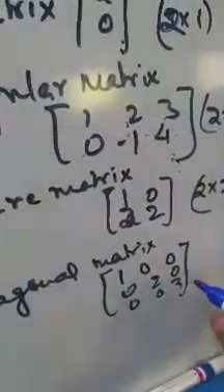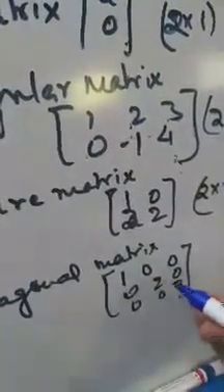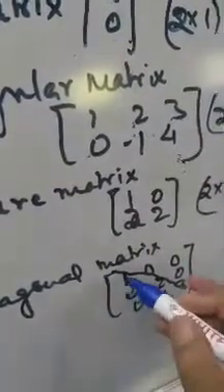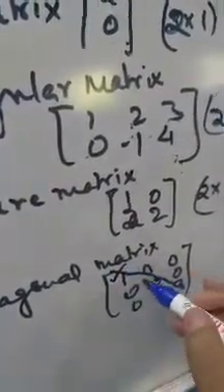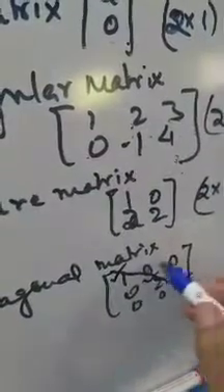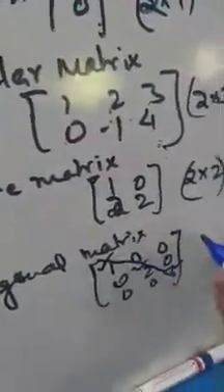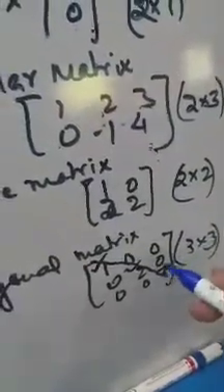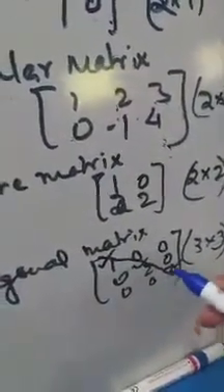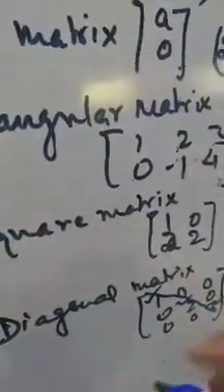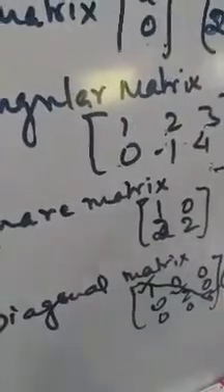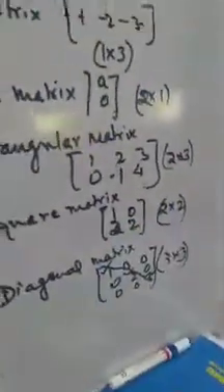If you go diagonally from left top to right bottom, that is called the leading diagonal. Except these elements, 1, 2 and 3, all other elements are 0, and it is a 3 by 3 square matrix. So a diagonal matrix has to be a square matrix whose elements, except the leading diagonal elements, are all 0.